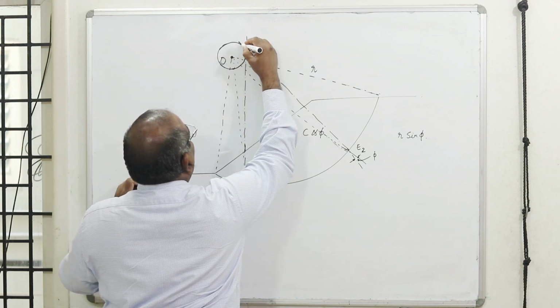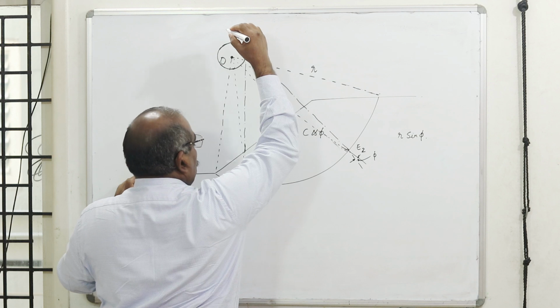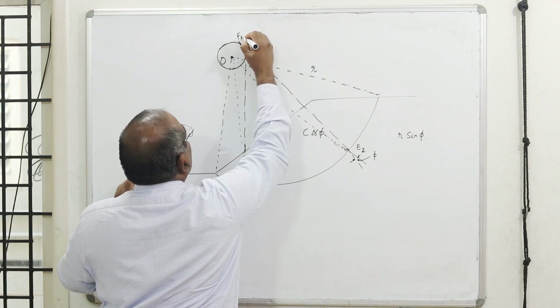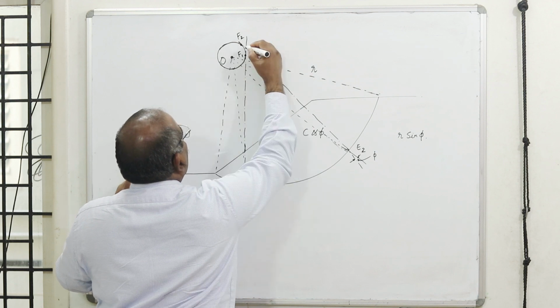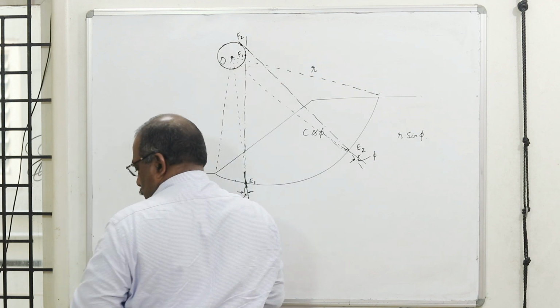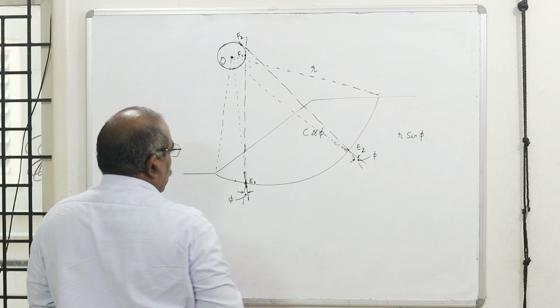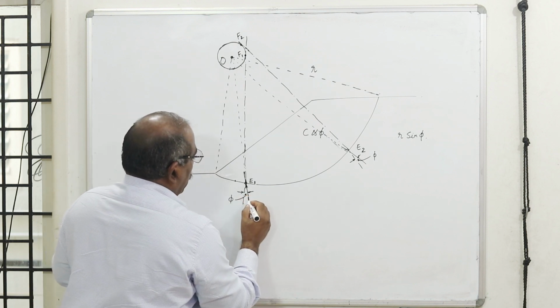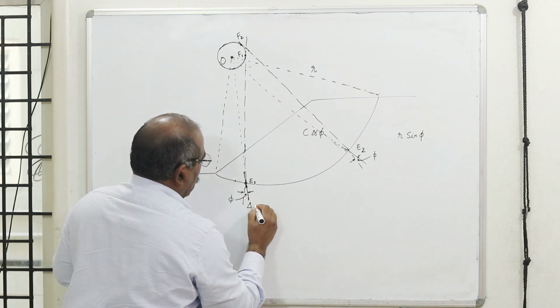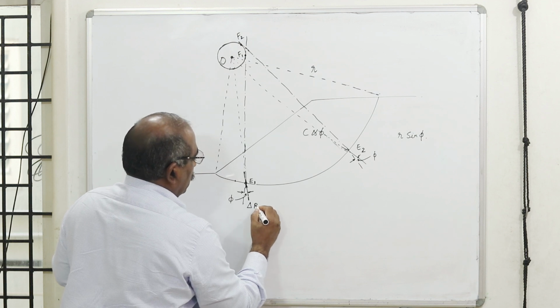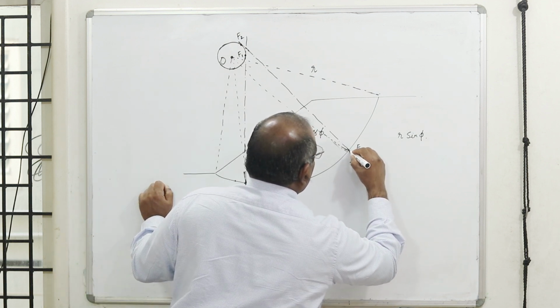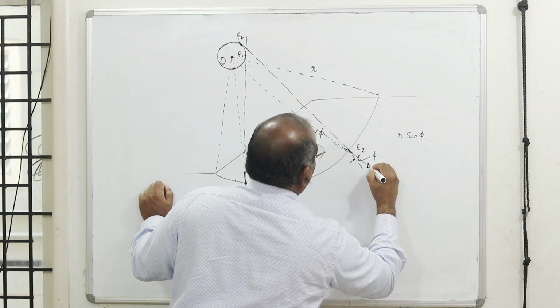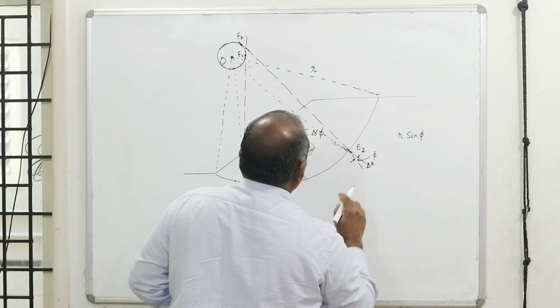Let me call these points F1 and F2. Now you have to understand that this is the elemental reaction delta R. This is also an elemental reaction delta R.